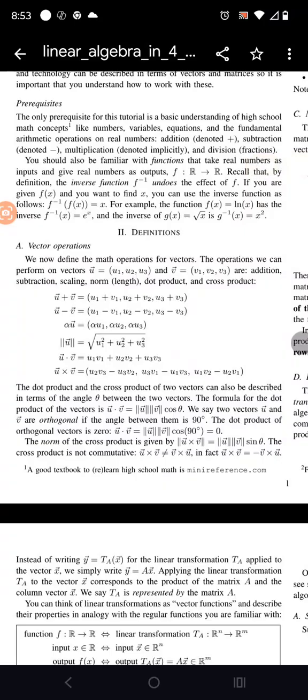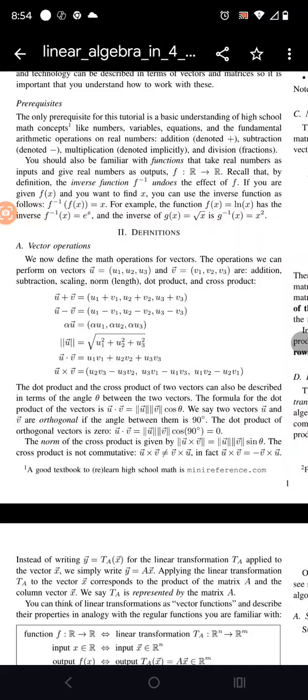The dot product and cross product of two vectors can also be described in terms of the angle theta between the two vectors. The formula for the dot product of the vectors is u dot v equals magnitude of u times magnitude of v times cos of theta. We say two vectors u and v are orthogonal if the angle between them is 90 degrees.